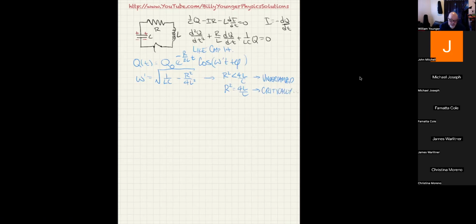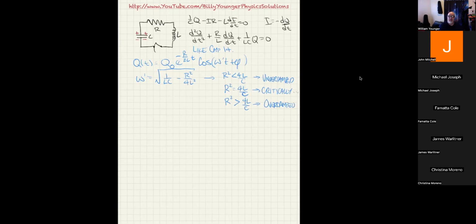And then there's a case where R squared is greater than 4L over C, and that one's called overdamped. You can look at those solutions either from chapter 14 or from this chapter. I don't consider that part that important because we've already covered it in chapter 14.